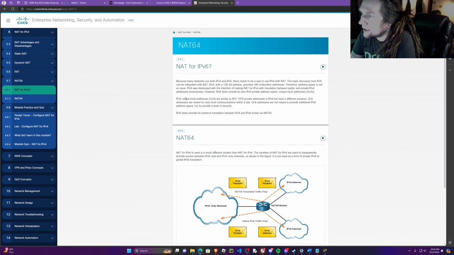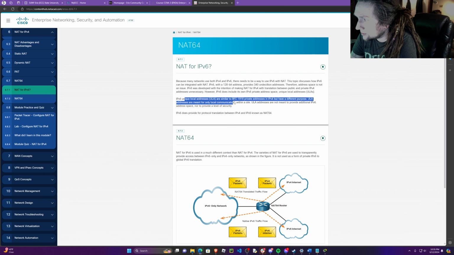Unique local addresses are similar to RFC 1918 private addresses in IPv4, but have a different purpose. ULA addresses are meant for only local communications within a site. ULA addresses are not meant to provide additional IPv6 address space, nor to provide a level of security.